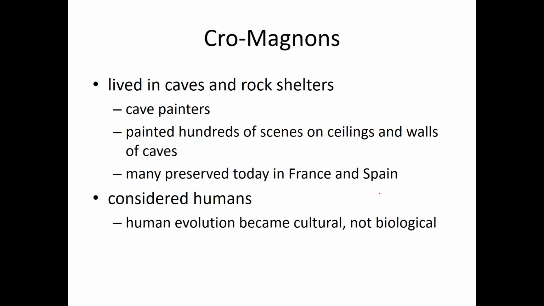So instead of an evolutionary race on who has the strongest bones or certain teeth or vision, it's who has the best social structures, who has the best technology, all these other cultural components that led to success. And so human evolution from this point on became cultural and not biological.